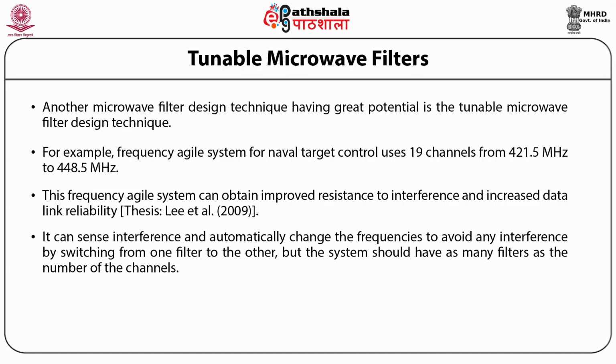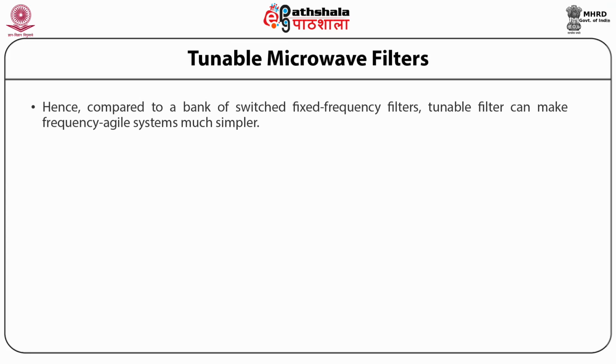So it can sense interference and automatically change the frequency to avoid any interference by switching from one filter to another. But the system should have as many filters as the number of channels. Hence, compared to the bank of switched fixed frequency filters, tunable filters can make frequency agile systems simpler.